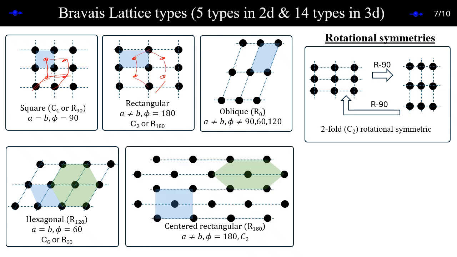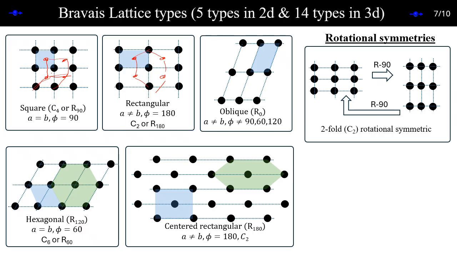Let me just show here. In a rectangular Bravais lattice, if I have a center lattice point, then we get a new crystal structure in 2D. So this is called the centered rectangle.